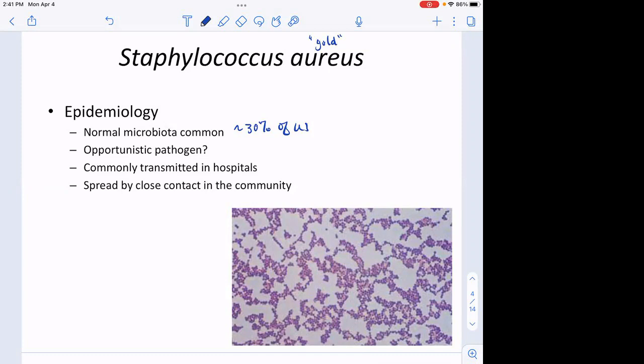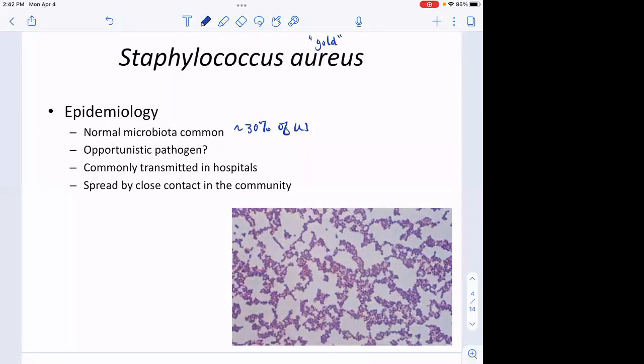But it takes a pretty big infectious dose through whatever portal of entry, whether you swallow it or get it in a wound, for instance, to actually get us sick. So that's why sometimes it's considered a true pathogen. Some people say not, because it does take a big infectious dose.